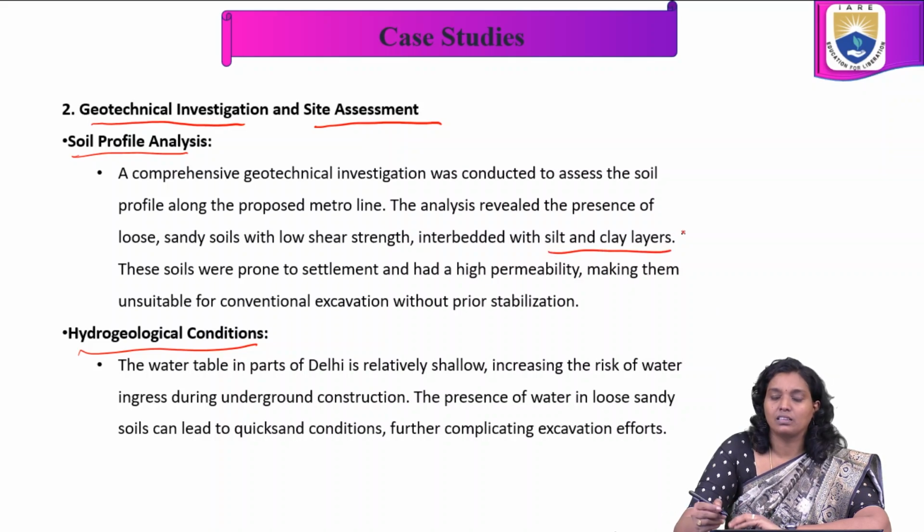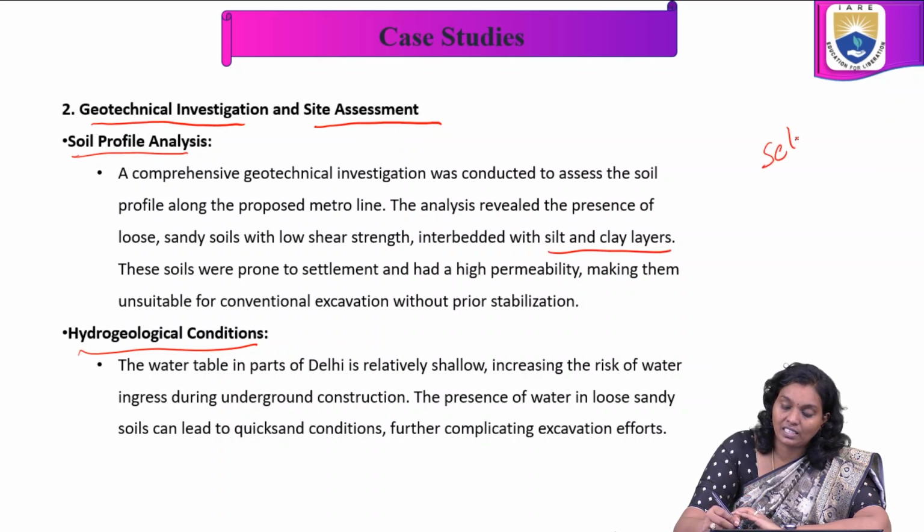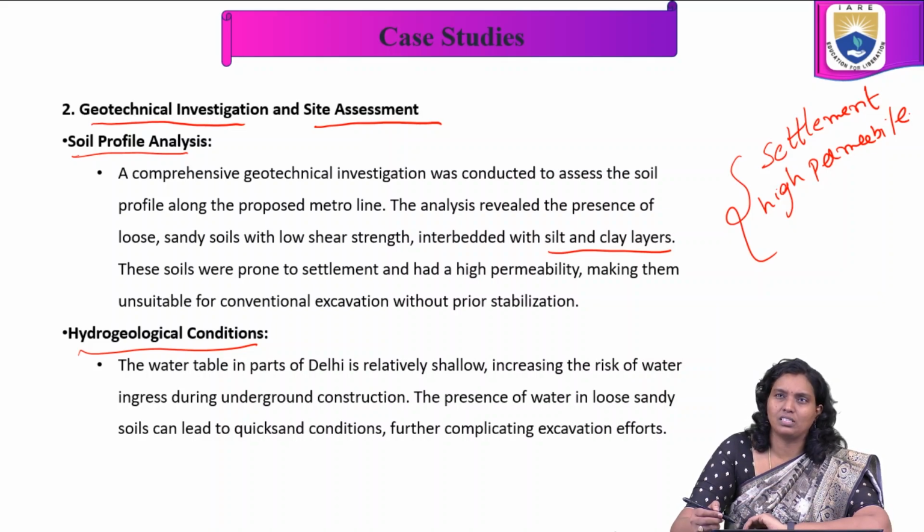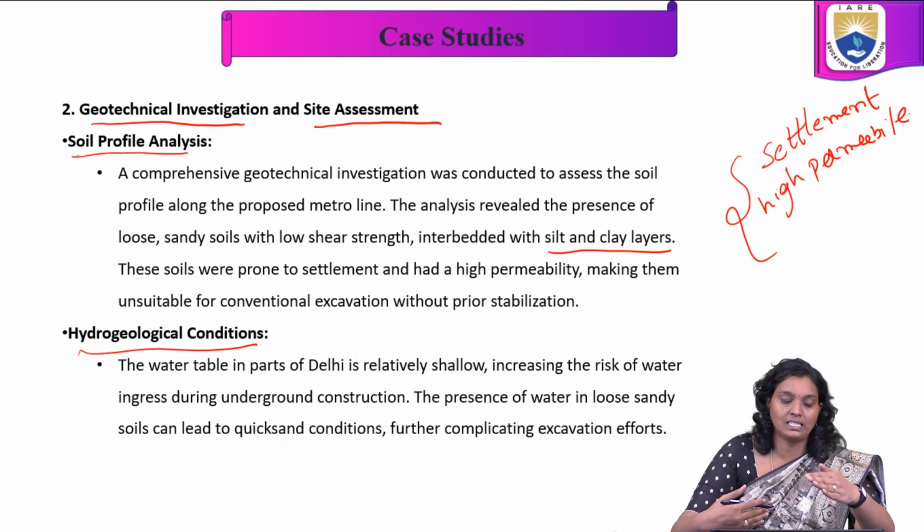These soils were facing settlement issues and are highly permeable, and conventional excavation without prior stabilization is unsuitable. These are the challenges we understand from this soil profile analysis. How we choose based on this is the background. Soil profile analysis.